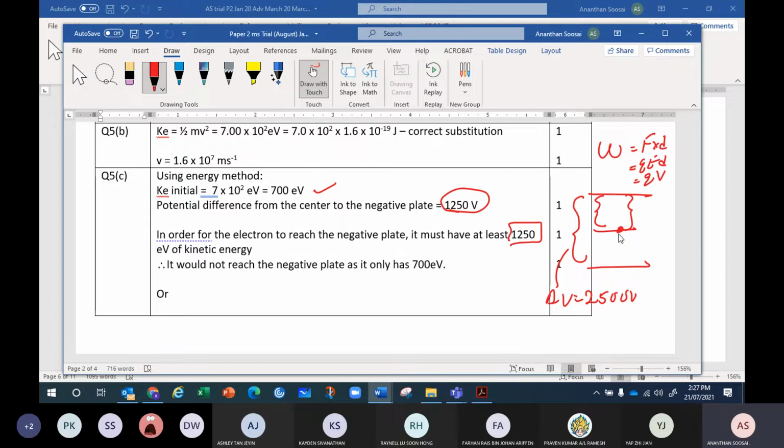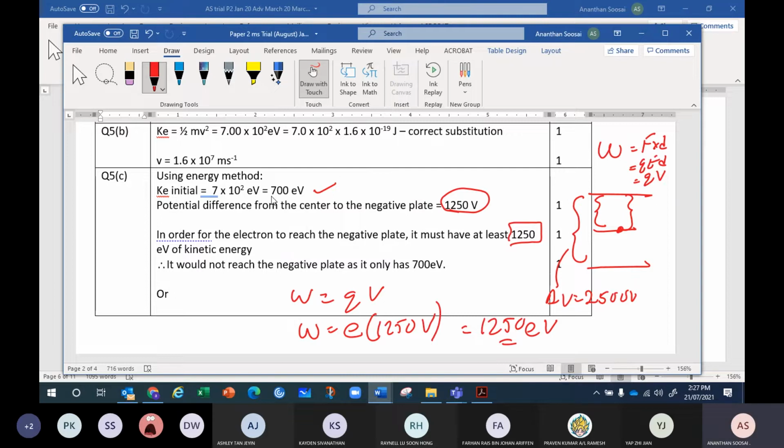So what is the work done to go up? Work done is Q times V. The Q of the electron is e, and V is 1,250 V, so it's going to be 1,250 eV. This is the work that needs to be done.